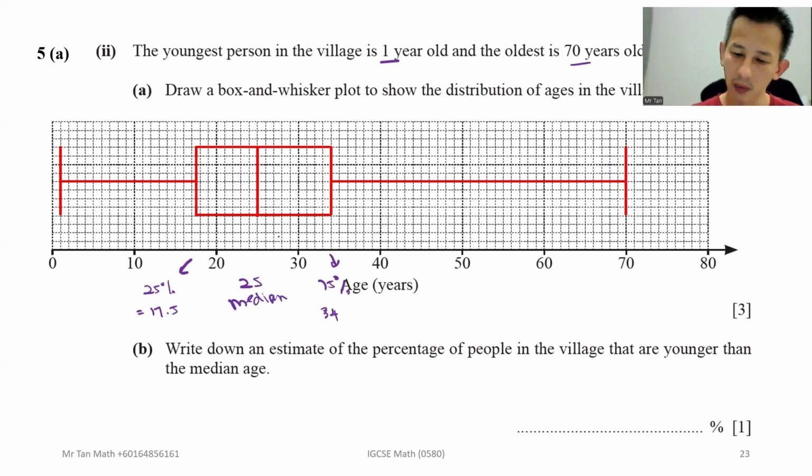So we're dealing with 50%. Median age is 25, so you should get half of it.